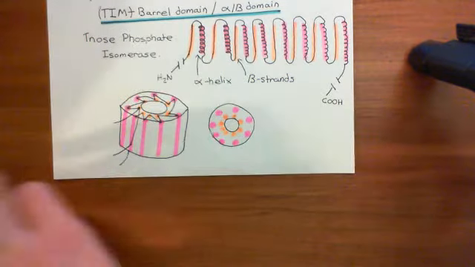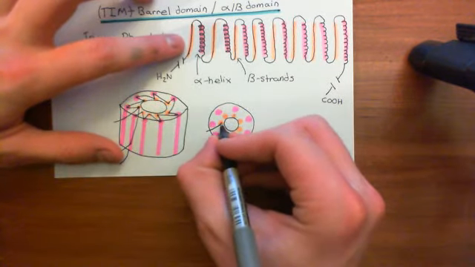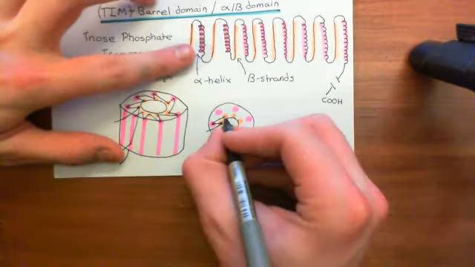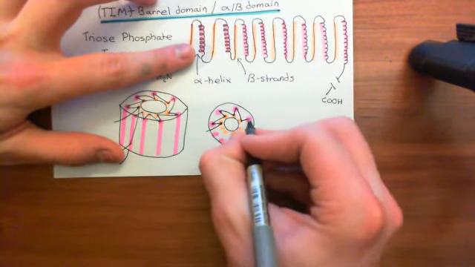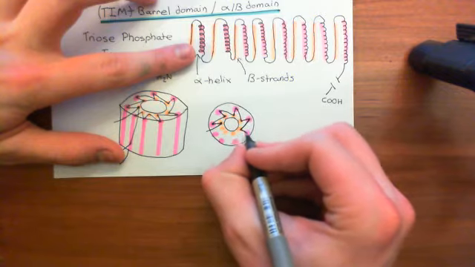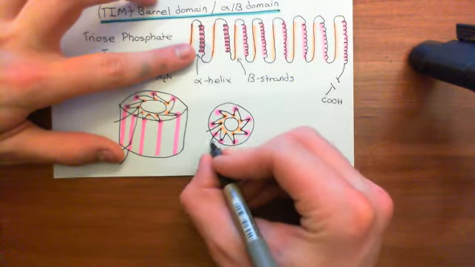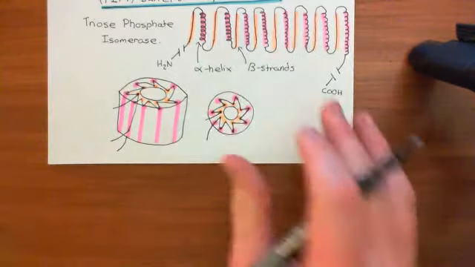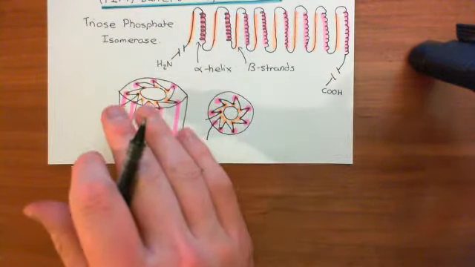And the way this works is you start at the amino side with your first beta strand here, then you go onto the alpha helix, the beta strand, the alpha helix, the beta strand, the alpha helix. This is our alternating beta strand, then alpha helix, like so. And then it will find the end. So that's how this thing is going to fold up into this barrel shape, basically.